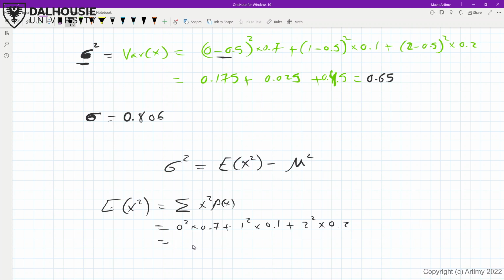This could be easier to calculate, right, and less susceptible to errors. So that's 0, that's 0.1, and that's 4 multiplied by 0.2, so that's 0.8. So that gives me 0.9.